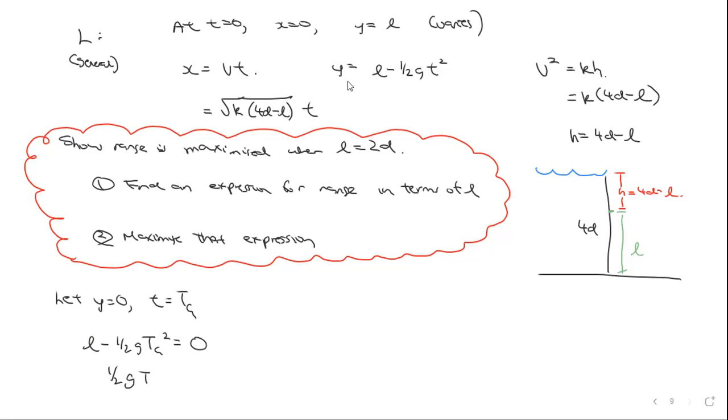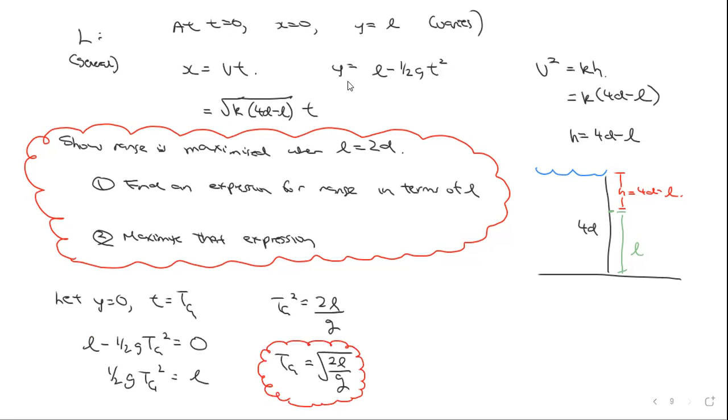Half gt squared equals L. So you've got t squared equals 2 times L over g. So t must equal the square root of 2L over g. Okay. So we've found when it hits the ground.